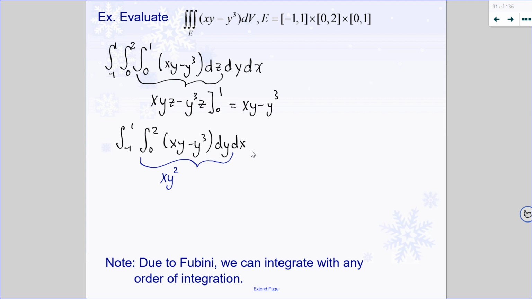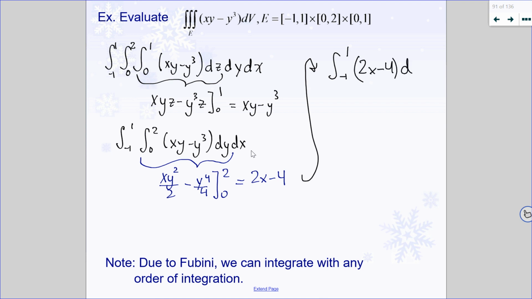I get x y squared over 2 minus y to the 4th over 4 from 0 to 2. And then I get 2x minus 4. And 0 components, really easy there. And lastly, from -1 to 1 of 2x minus 4 dx. And we'll just get x squared minus 4x.